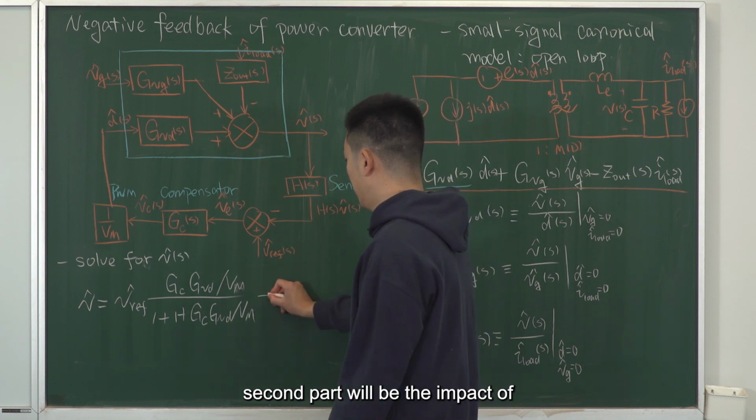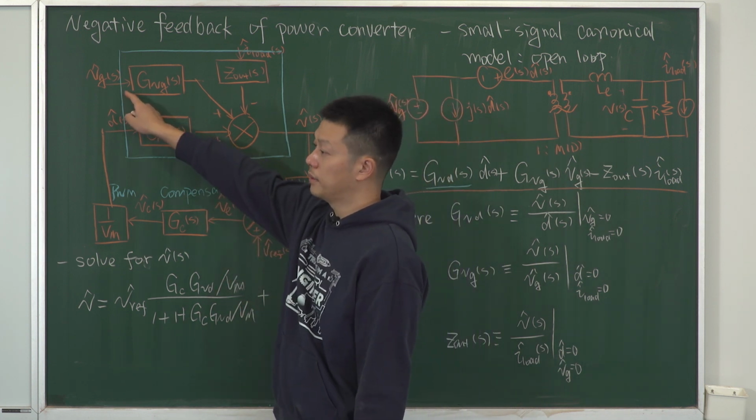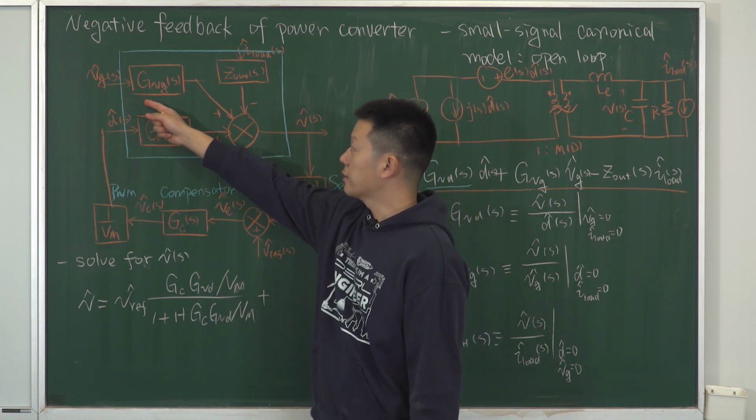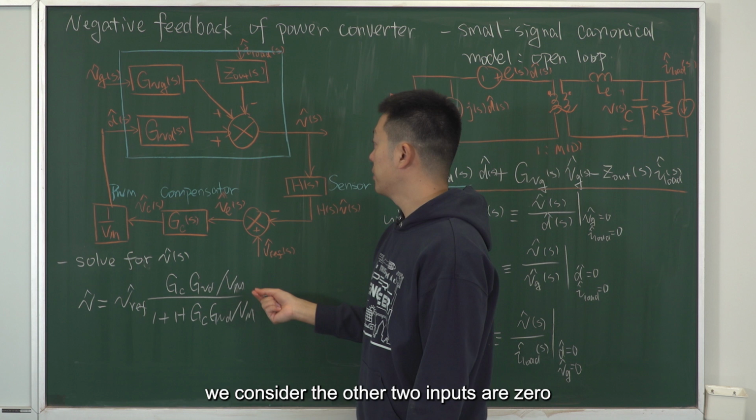The second part will be the impact of Vg, right? So when analyzing the Vg impact, we consider the other 2 inputs are 0.